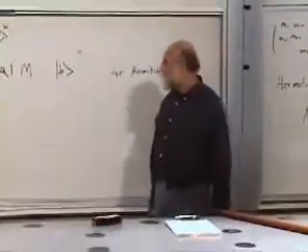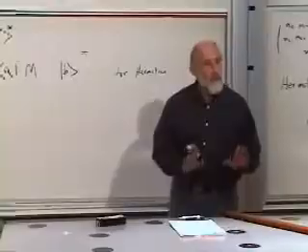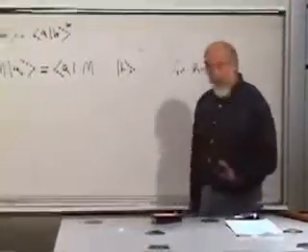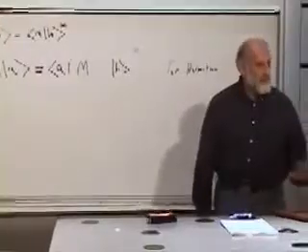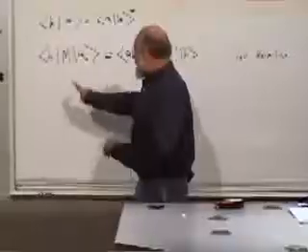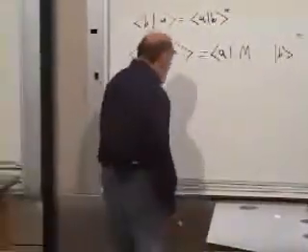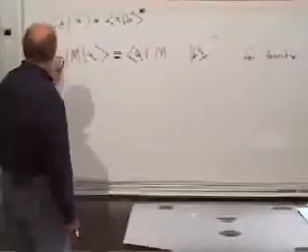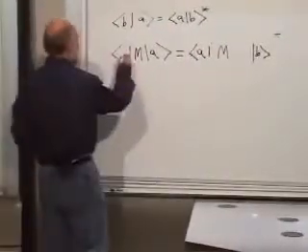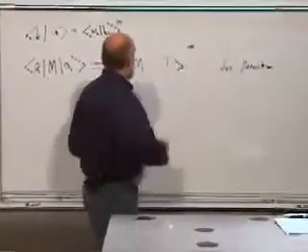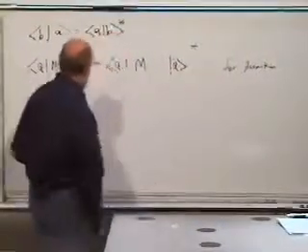Okay. Now, one last thing that will make the point for you. If A and B happen to be the same vector, so now let's let B equal A. Look what this says.